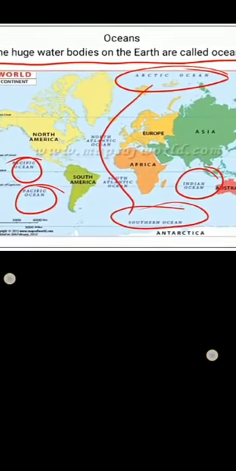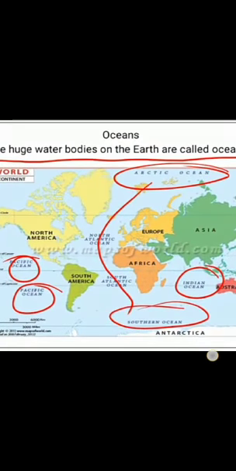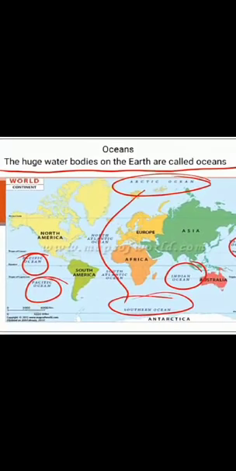You can see here, these are the oceans. The huge water bodies which we saw on the Earth, the blue part. So, the huge water bodies on the earth are called oceans.